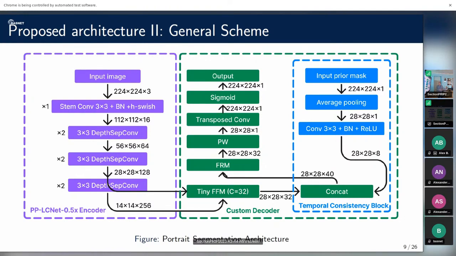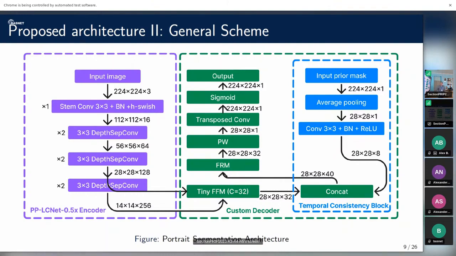Here you can see FCNet. Maybe you will be surprised, but it's a sequential neural network with point-wise separable convolutions with hard-swish activation function. Here you can see the temporal consistency block. I downsample the input prior mask and extract 8 feature maps from the prior segmentation mask.